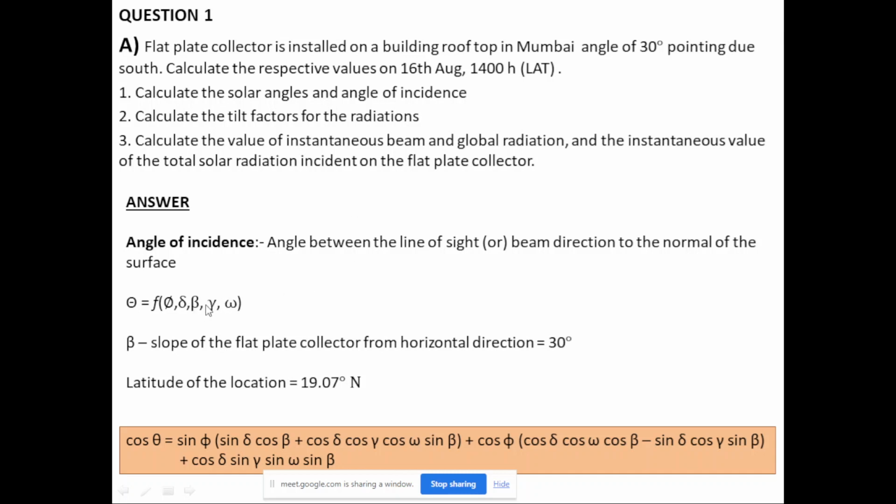So you know 3 parameters. Now there are only 2 parameters left: the declination angle and the hour angle. You know it's August 16th, so you know the value of n, and you know the formula for calculating the angle of declination. So I want you to calculate and let me know the value of delta, the declination angle.